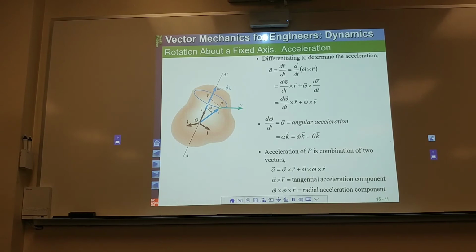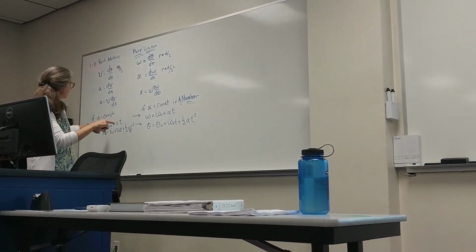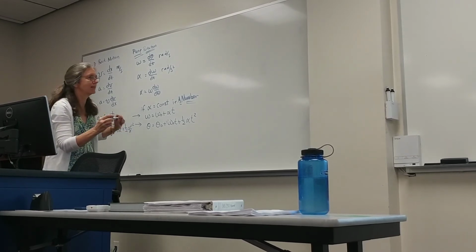Right. So down here also, when I'm talking about acceleration, in this equation, I'm talking about tangential acceleration. When I'm talking in the linear equation, if I have an A, that's typically a tangential acceleration.